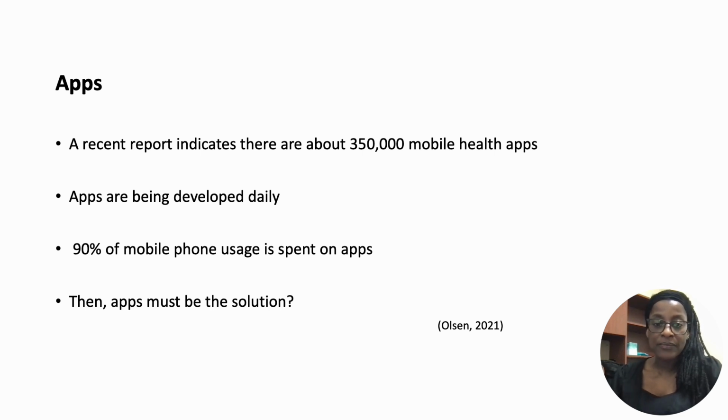And the most recent report on app usability said 90% of mobile phone use is spent on using apps alone. So apps could be a solution for further increasing engagement in public health intervention because of the ubiquity of apps.